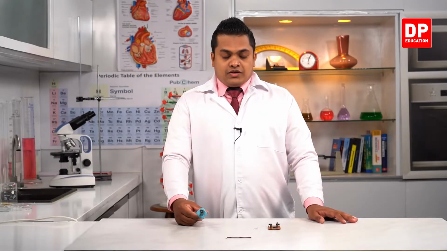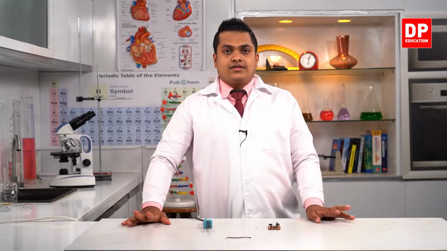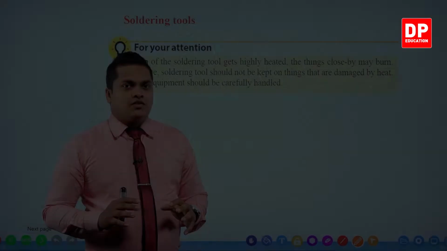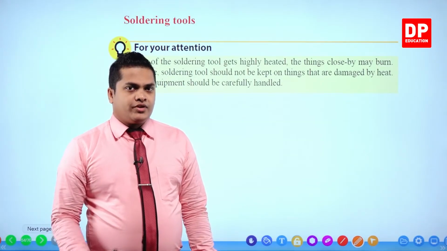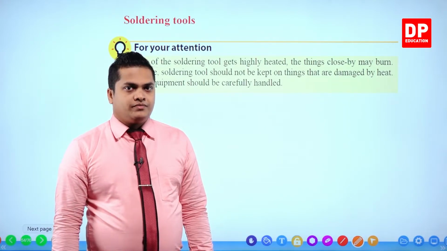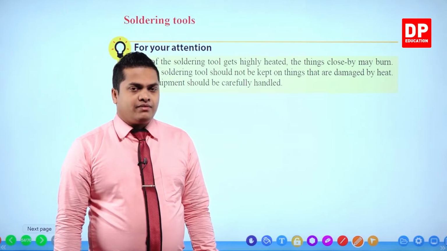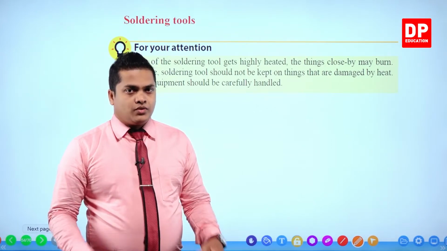Then let's head on to the classroom once again and we'll observe what are the other things contained within our lesson. So my dear children, I hope that you got a good knowledge about soldering these equipments onto a circuit board. So that's a way of soldering an equipment to a circuit board.